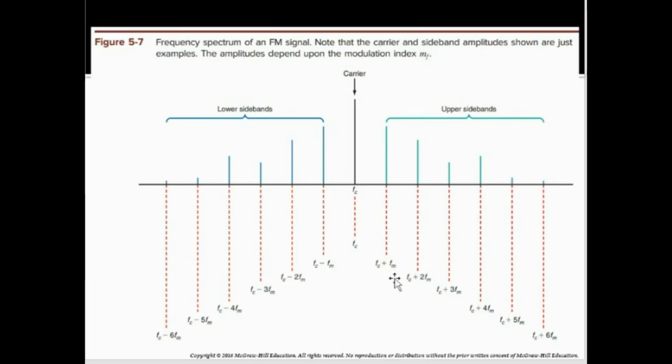Here it shows the relationship of these sidebands with the carrier. You can see FC plus FM. The FM, let's say, is our modulating signal frequency. You have one sideband, which is the carrier plus FM. The second sideband is FC plus 2FM. The third sideband is FC plus 3FM, and so on.